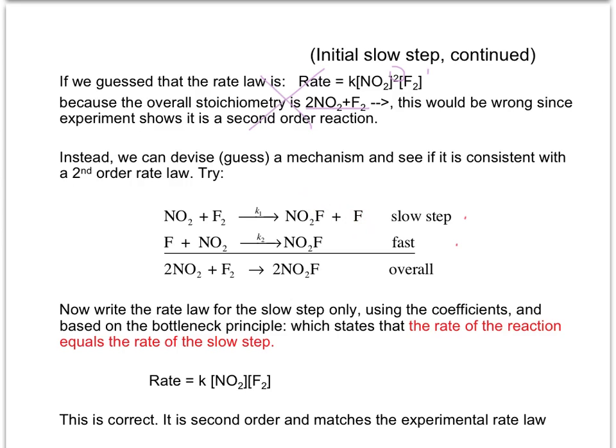Once it's formed here, then it can be consumed in the next step in the mechanism to react with the second NO2 molecule to form the second product molecule. So in the end, the F's are going to cancel. Those are the intermediates. You add it up and you get the overall reaction, which is on the last page. So the mechanism looks good in terms of the stoichiometry.